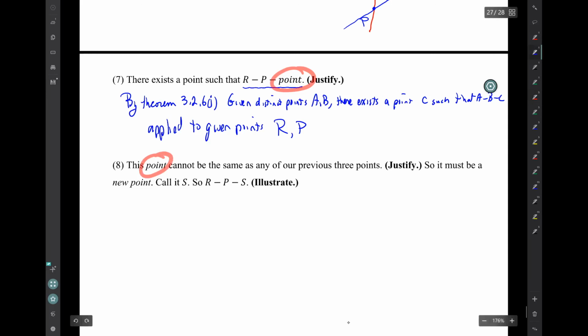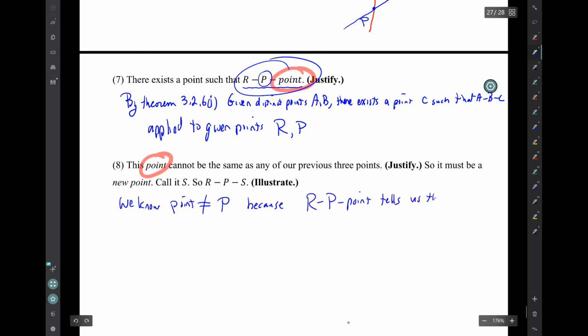Well, we know that point cannot be the same as P because this symbol says that those 3 points are distinct points. And by the same reasoning, we know that that thing that I'm calling point can't be R also.